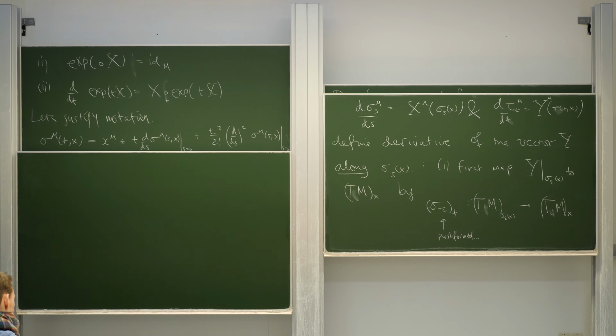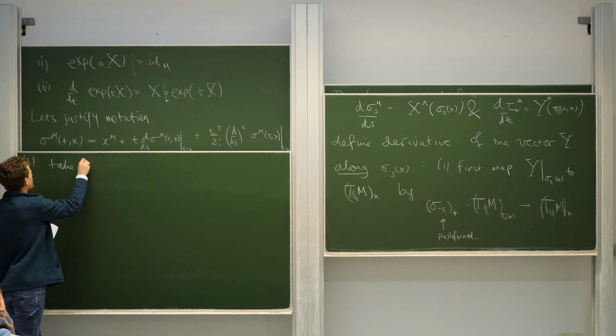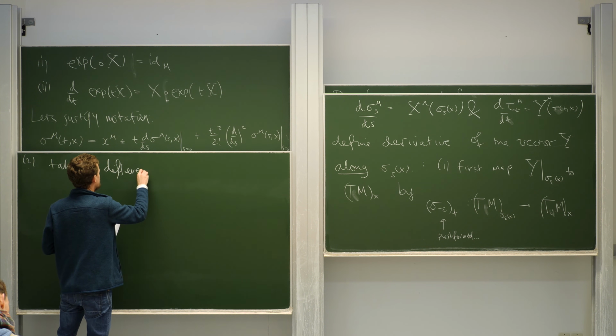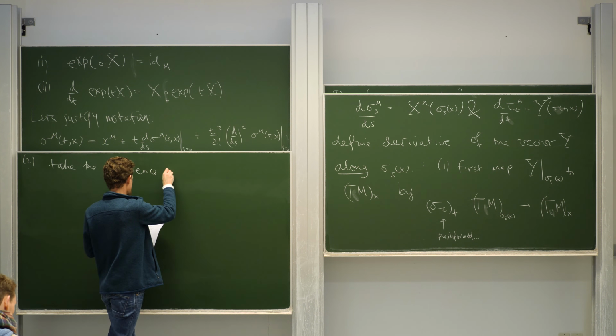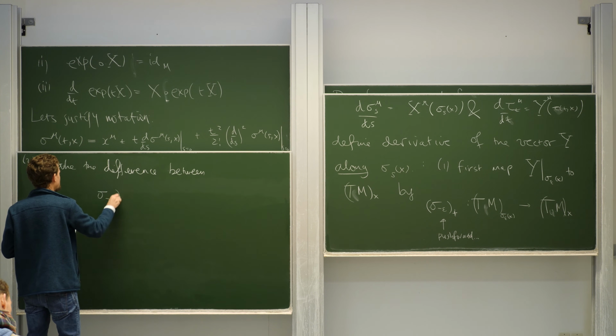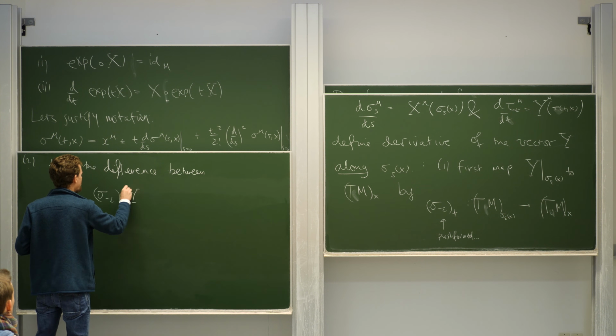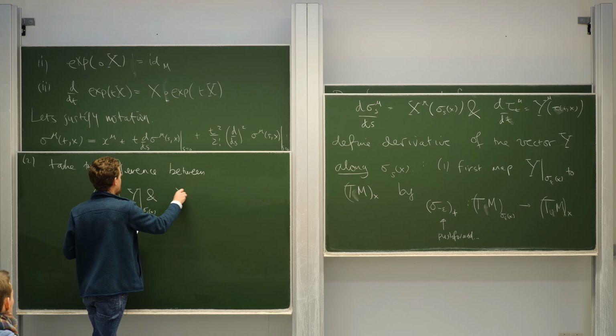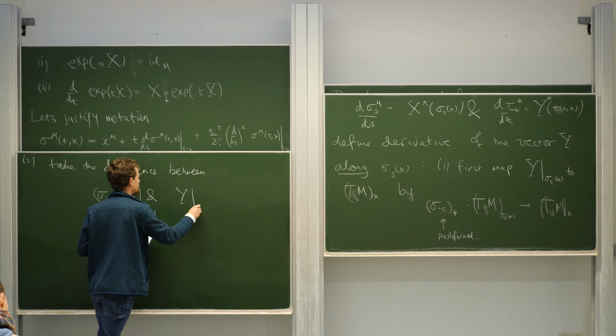So step 1, map y at sigma epsilon x to the tangent space at x via that push forward. Then 2, take the difference between sigma minus epsilon star y at sigma epsilon x and y at just x.